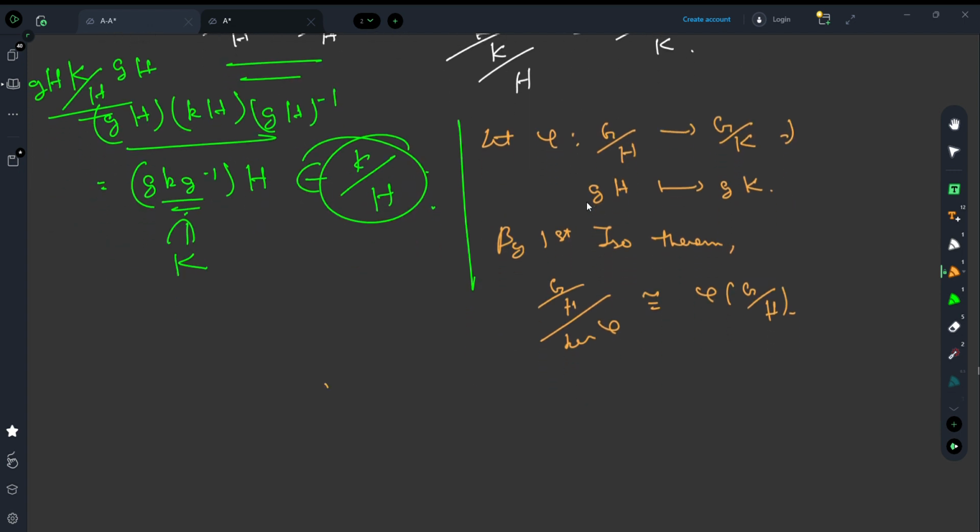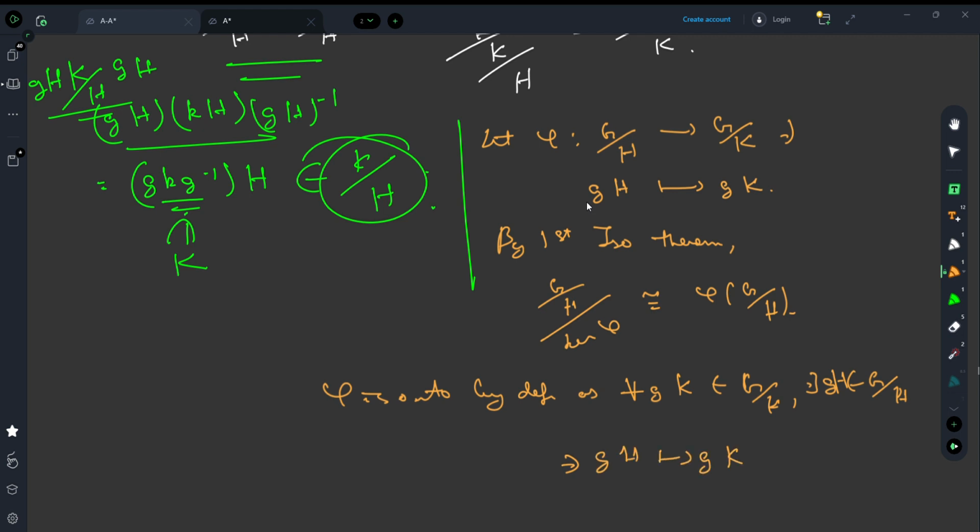Observe that phi is onto by definition, as for all elements gK in G mod K, there exists an element gH in G mod H such that gH is mapped to gK, because these elements depend only on g.